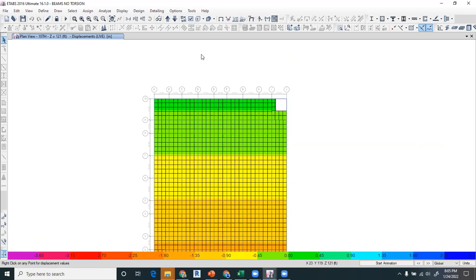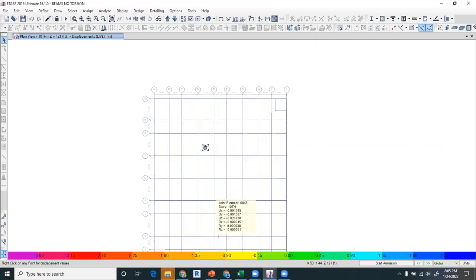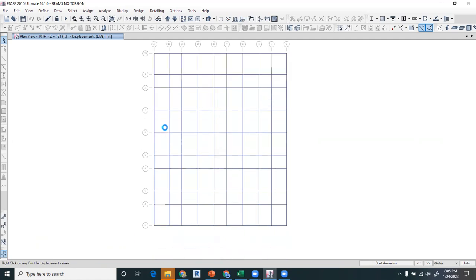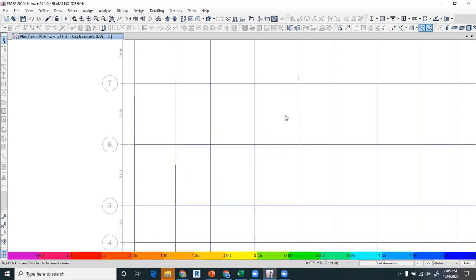These limitations are for the slabs as well as for the beams, because if the beam deflects, the slab automatically deflects with it. So let us go to this point. This is 20 feet, and go to its mid, and we will see the deflections.